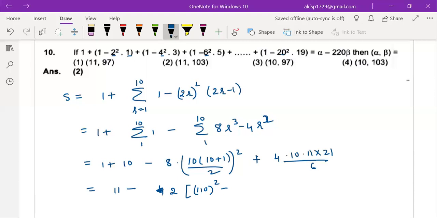I'll get this as 140 into 11, but then I'll take this 2 inside with this. So this is what I have. If you rearrange this expression, it looks like 11 minus 220 times 103. So that tells me my alpha and beta. Alpha comes out as 11 and beta comes out as 100. And that is option number 2.